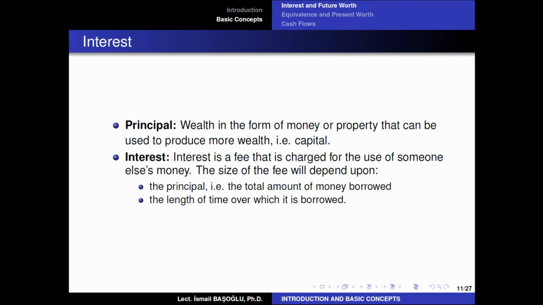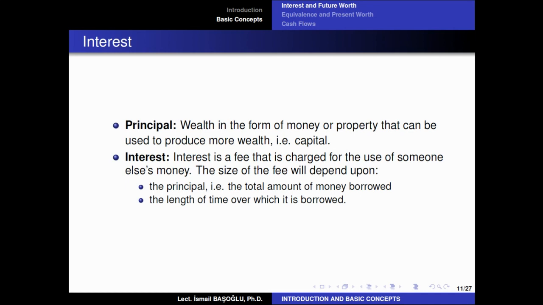The principal is usually in the form of money, but sometimes we can use properties as principal as well. For example, if you have an automobile and you want to use your automobile as a taxi cab, with the license, of course, then your principal here is going to be that automobile.